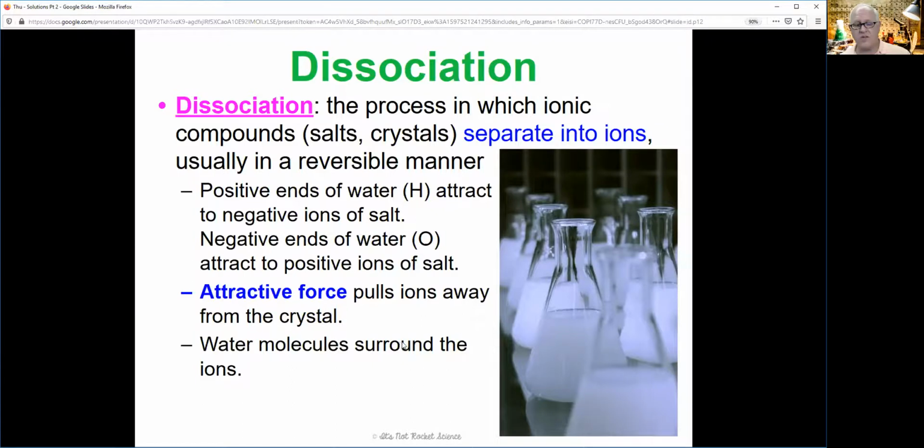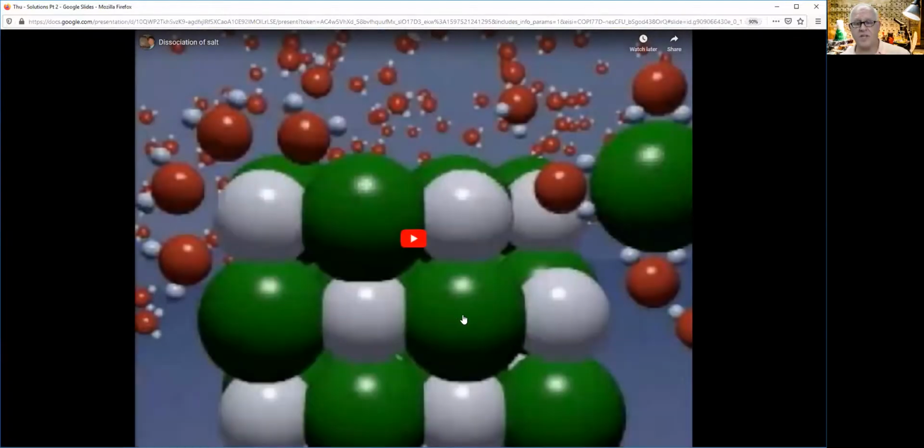These water molecules surround the ions, and they continue until all the ions are fully separated. We call that dissociation. And we're going to look at that in a visual in just a moment. Now, this supplemental video is also included in your Google Classroom tab, so you can go back and look at it again without having to scroll through the slides. But let's look at it here and watch what happens.